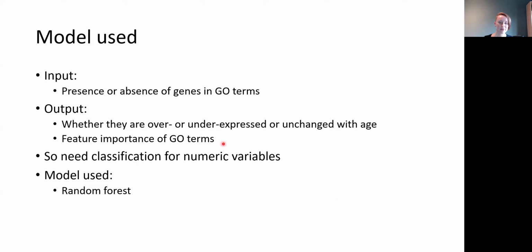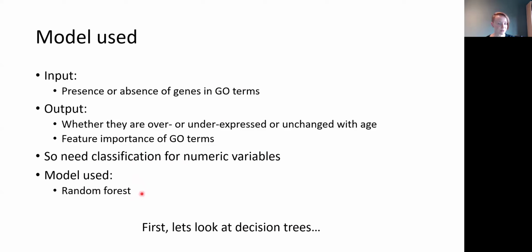So we will come back to this later, but essentially what they were interested in is whether we can pull out GO terms that are highly predictive of being over or underexpressed in age in the brain. So we need some kind of classification, and we have sort of numeric variables because they're noughts and ones, although in this case it doesn't matter because we are going to do a random forest.